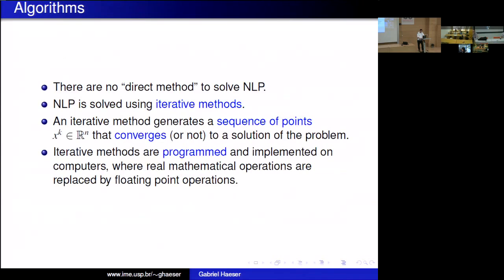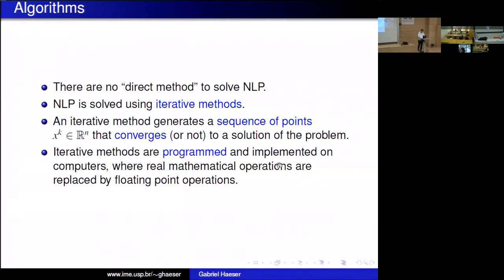And okay, so this is just some remarks, but I think you already know about this, that there are no direct methods to solve a nonlinear problem. You must use an iterative method. An iterative method will generate a sequence of points that converge or not to the solution.